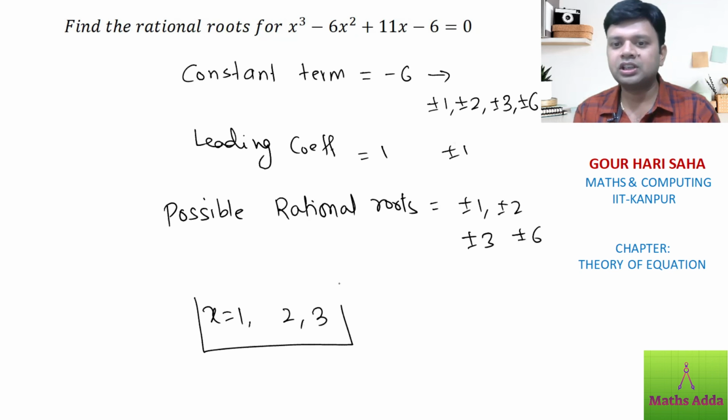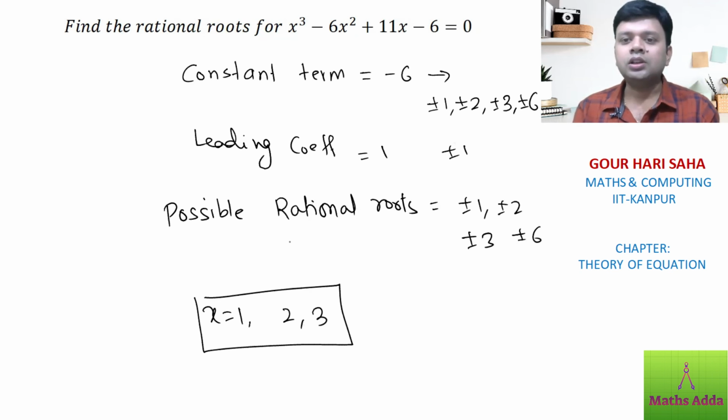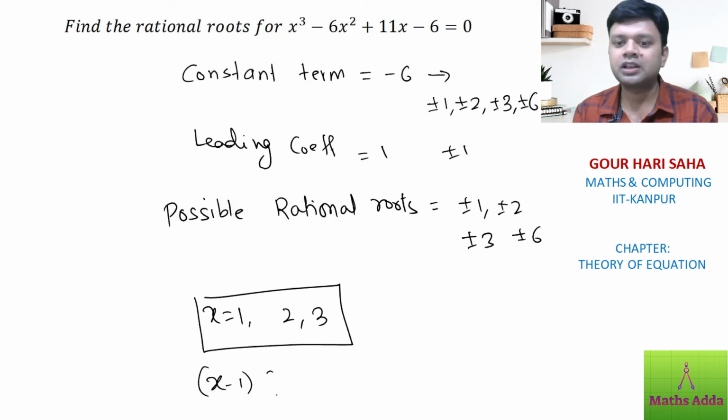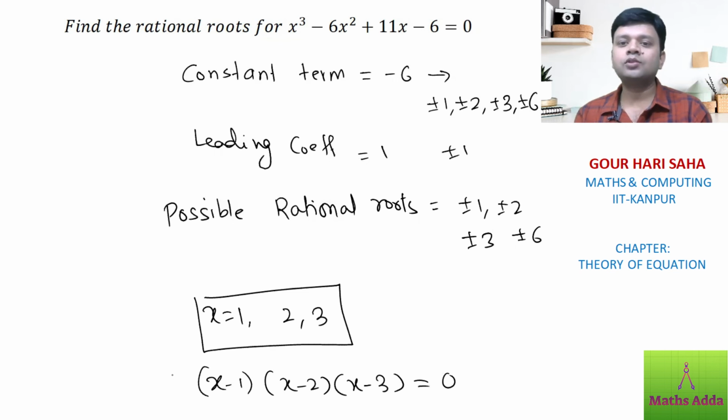And once you got 3, you are not supposed to move ahead. So you got all the roots. So if 1, 2, 3 are roots, this means if you want to factorize it, you can factorize it like this: x minus 1 using the factor theorem, x minus 2 and x minus 3 is equal to 0. Correct?